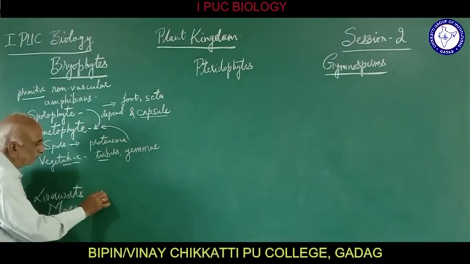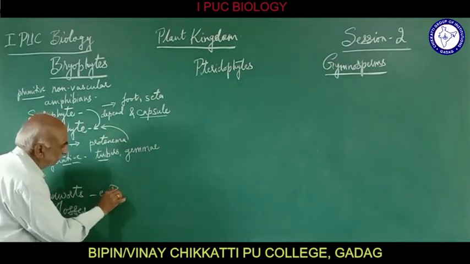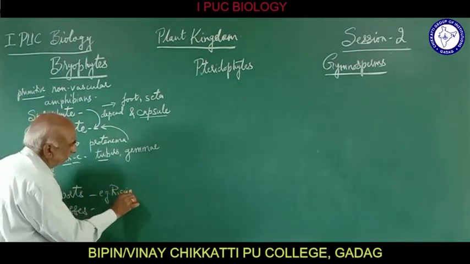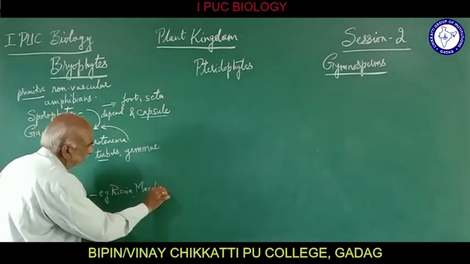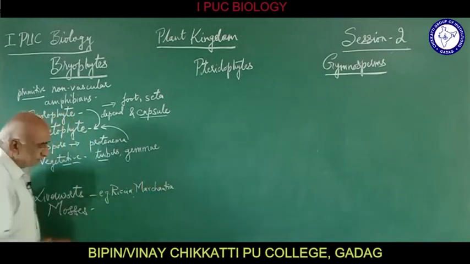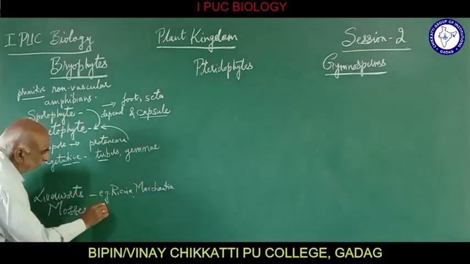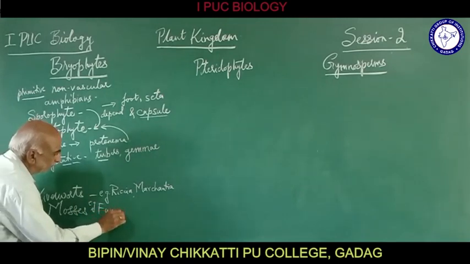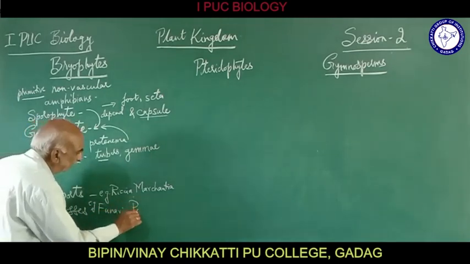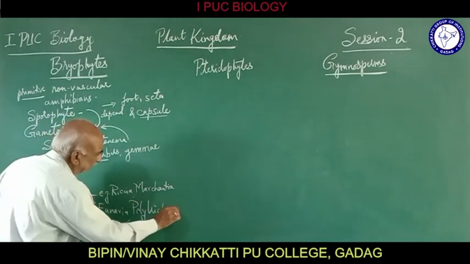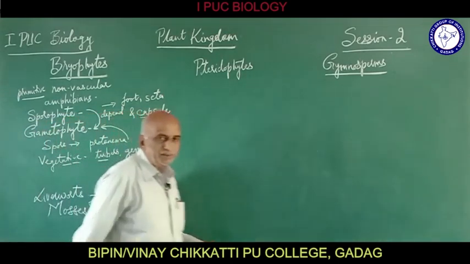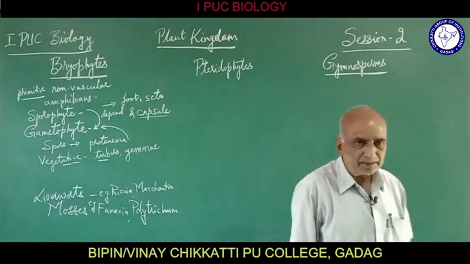Now under liverworts we come across different examples like Riccia, Marchantia and many others. Under mosses we come across Funaria, and Polytrichum is another example. So these are some examples to mention in the groups.